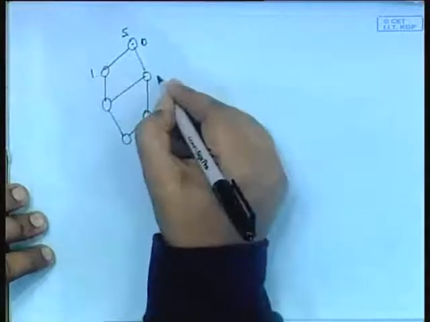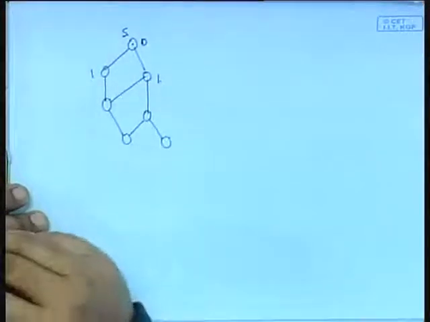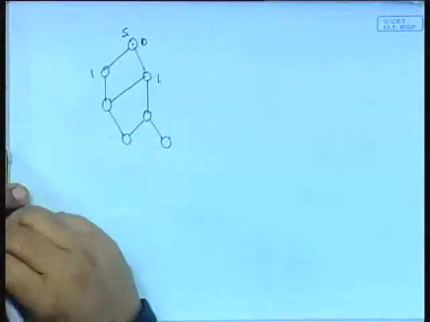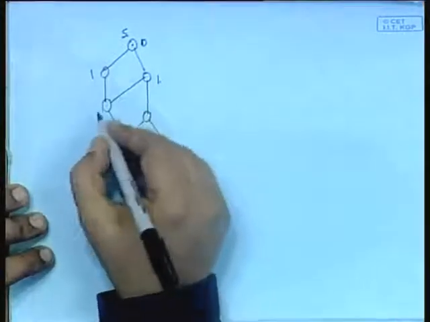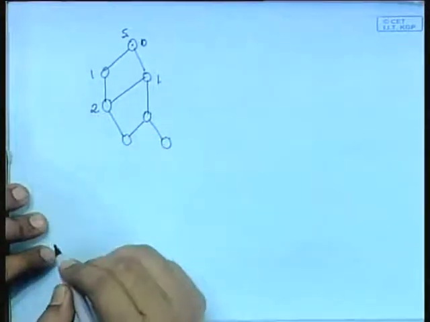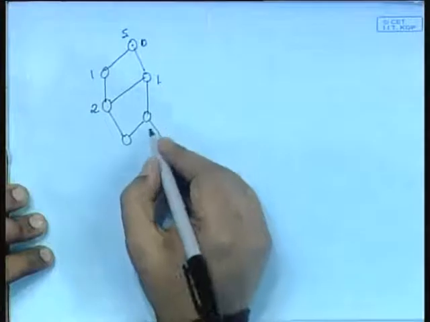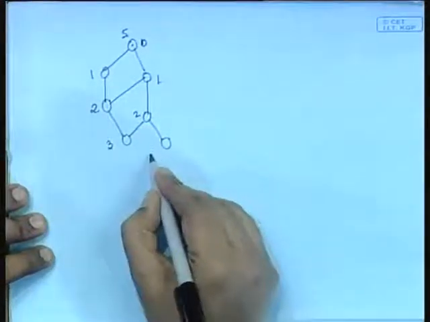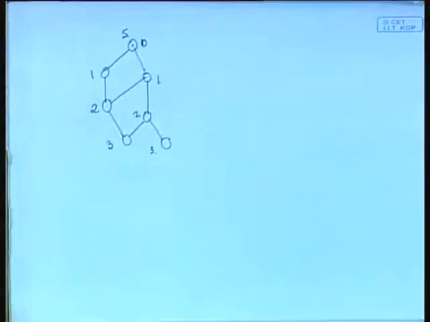This is the first level. This is the second level and this is the third level. Okay. So, you know the labels.